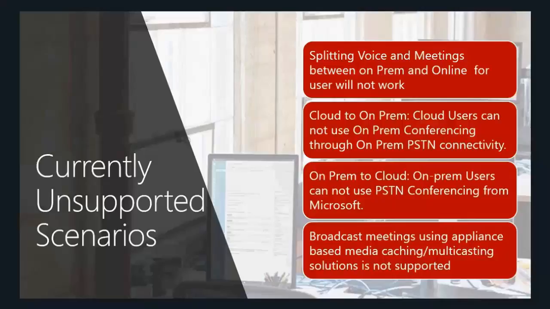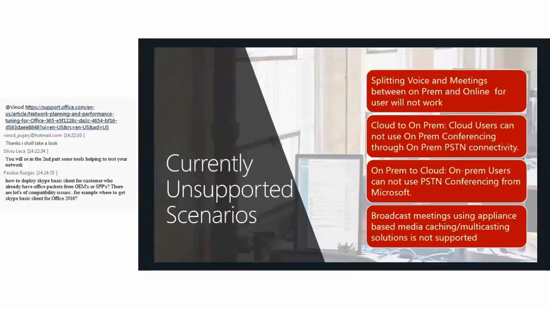And last but not least, when you want to broadcast a meeting using an appliance-based media caching solution, it is also not supported. What you can use, for example, when you want to broadcast with Skype meeting broadcast, is SDNs, software-defined networks.